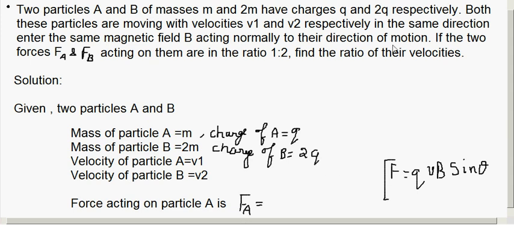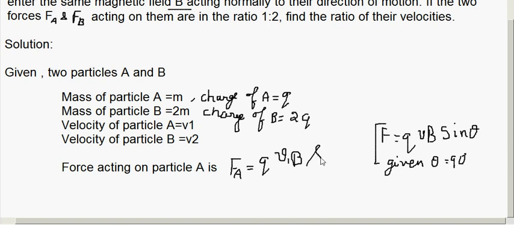Therefore, Fa is charge of particle A, that is q, into the velocity v1 into the magnetic field B, and the angle between v and B is 90 degrees in this case, because they are acting normally to the direction of motion. So theta is 90 degrees, into sin 90.